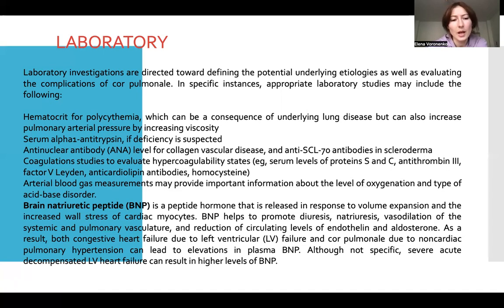As a result, both congestive heart failure due to left ventricle failure and cor pulmonale due to non-cardiac pulmonary hypertension can lead to elevations in plasma BNP. Also, severe acute decompensated left ventricle heart failure can result in higher levels of BNP.